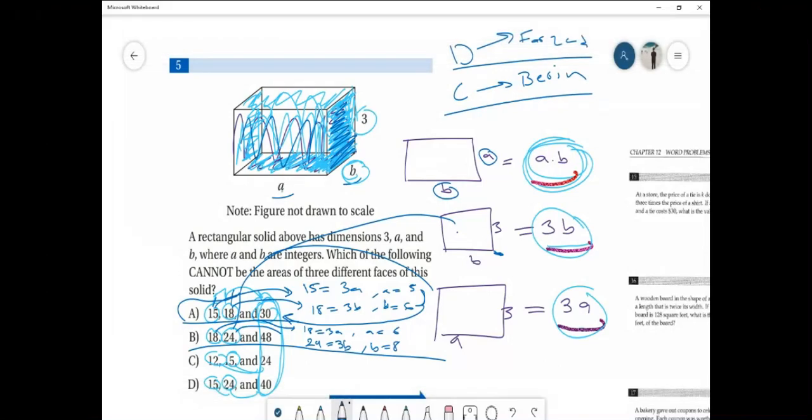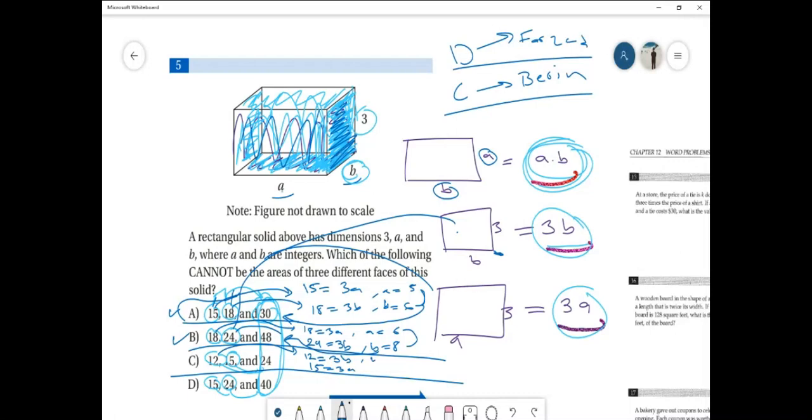This can be true. Now from here you can find A. If 18 is the area of this face, then 3A should be equal to 18, so A will be 6.